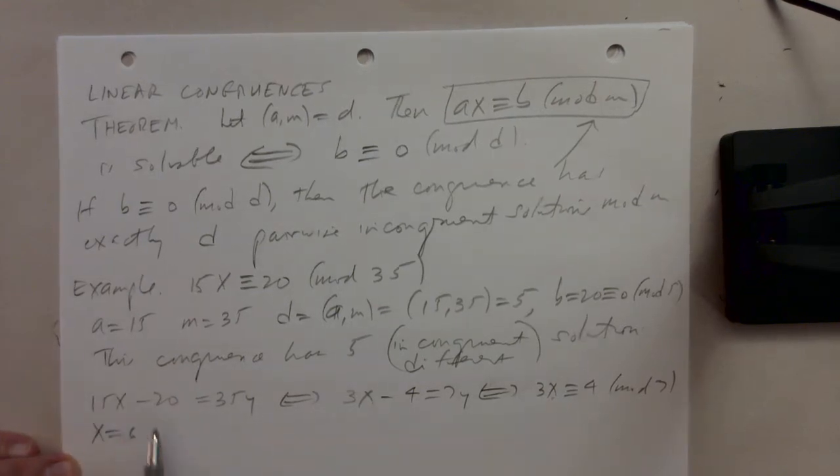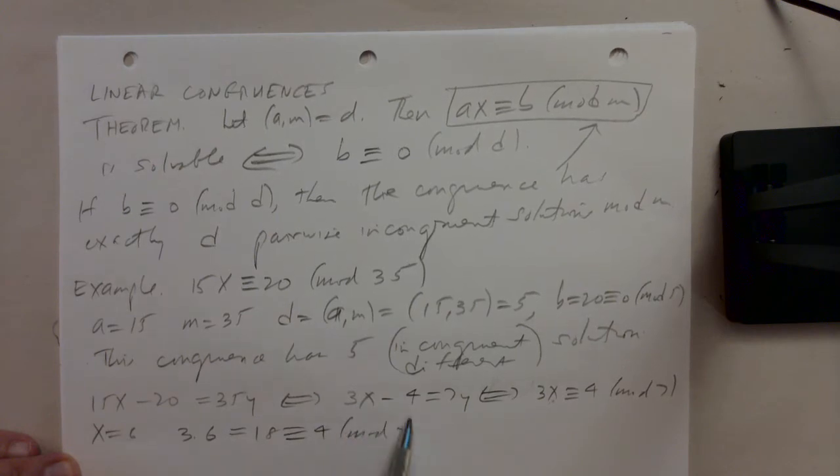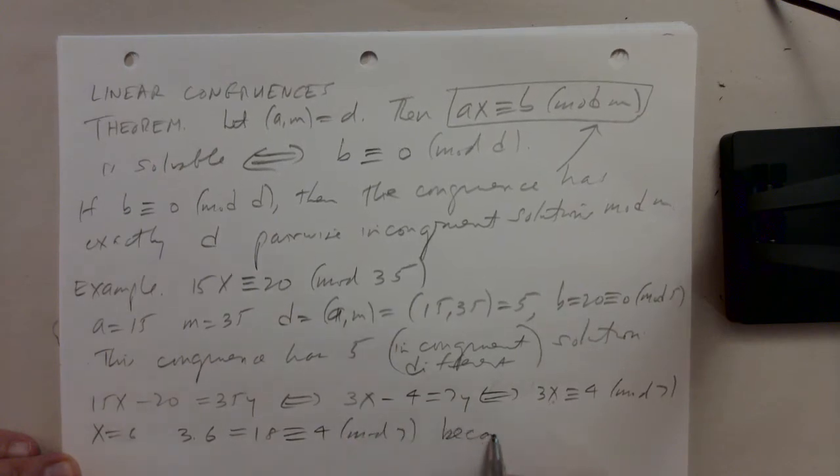If we let x equal 6, 3 times 6 is 18, and 18 is congruent to 4 mod 7 because 18 minus 4 is 14, which is 7 times 2. So x equals 6 is a solution.